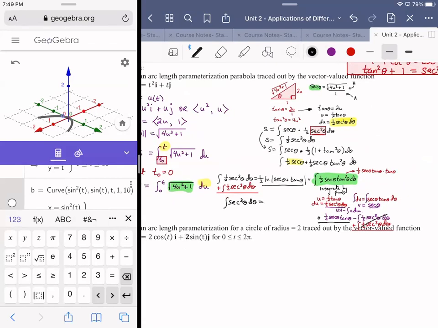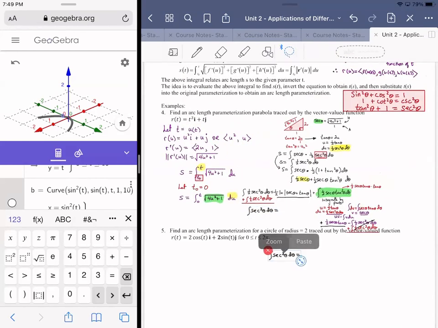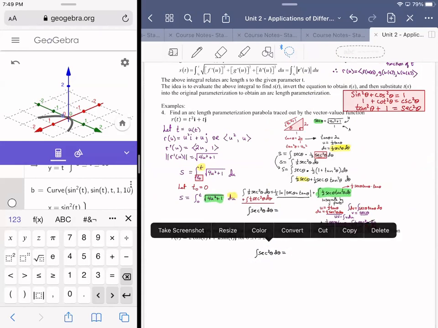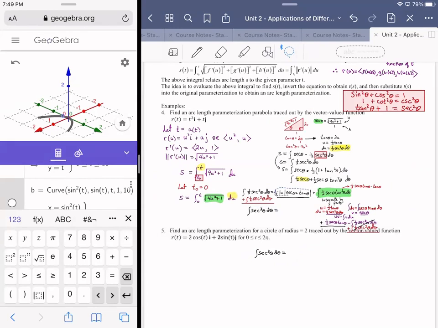Right? So we're looking, at long last, at the antiderivative equal to this one plus this one.